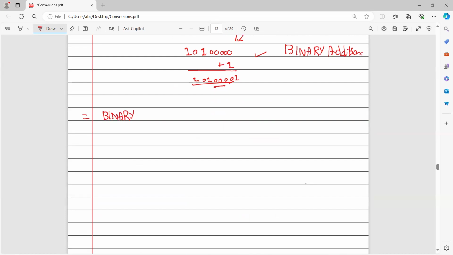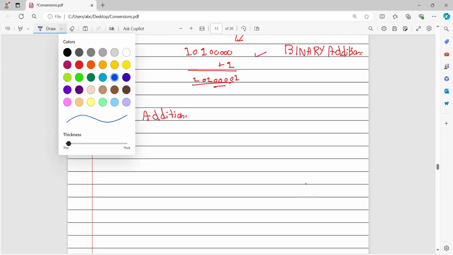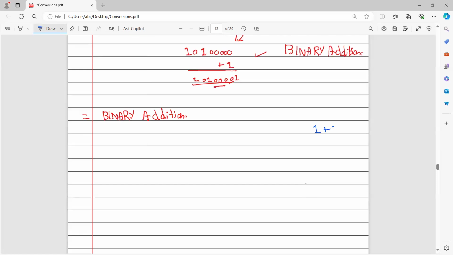What do you think? 1 and 1 is equal to 2? If I ask you what is 1 and 1, if I add 1 and 1, what is the answer? 2. I say that 1 and 1 is equal to 10, or I can say that 1 and 1 is equal to 0 with carry 1.